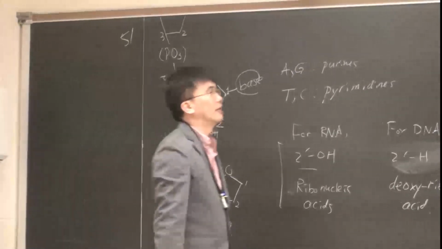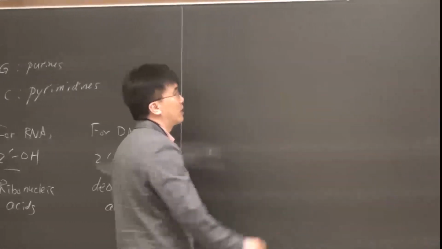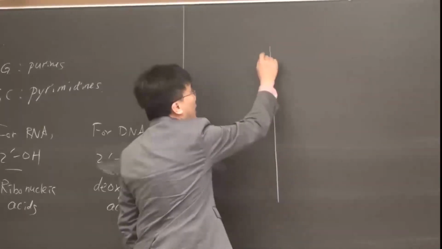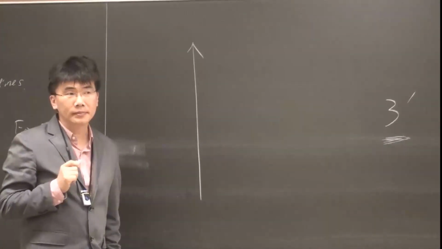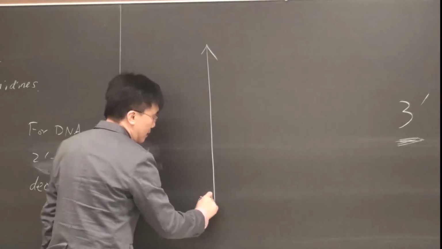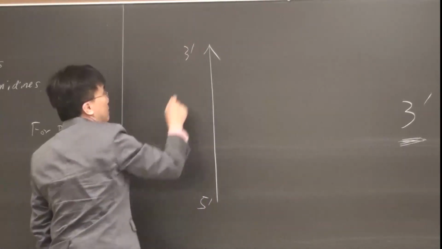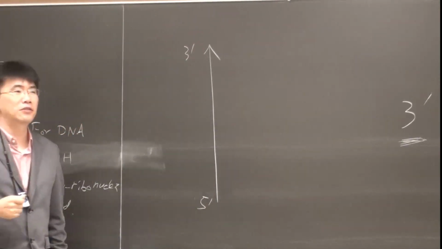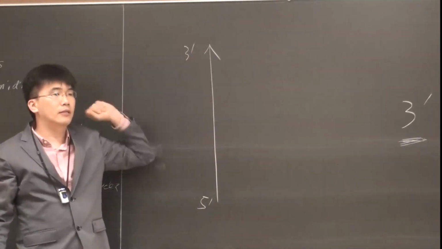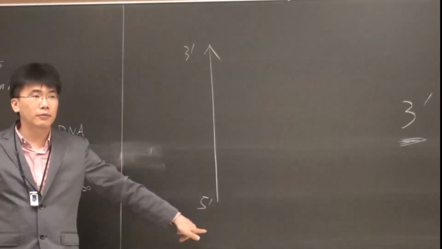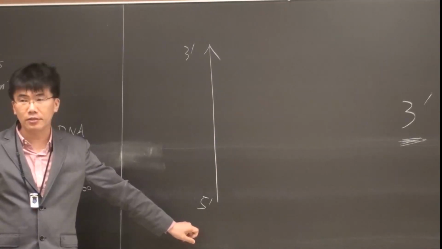When you have a double-stranded DNA structure, you can write one strand as an arrow. Sorry, I switched my convention here, but the pointed end is the 3' direction, and this other one is the 5' direction.